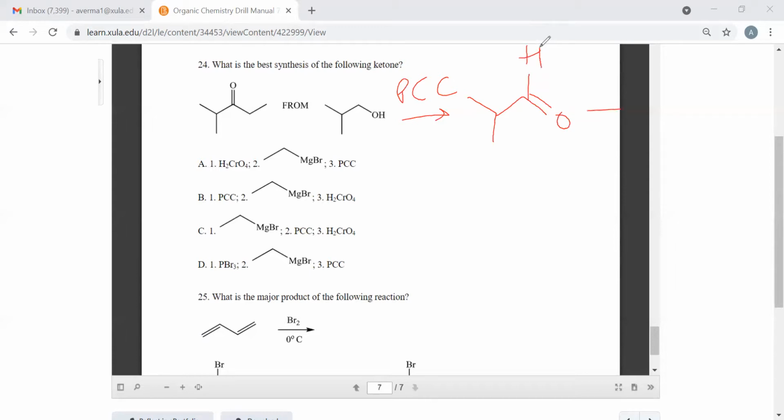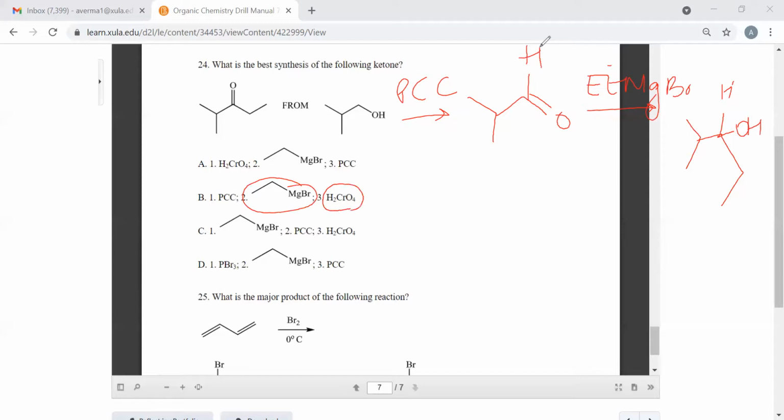The next thing that I used is a Grignard or a lithium organometallic compound. They are using the Grignard, ethyl magnesium bromide. Now my ethyl part will attack here and I will get H, OH, and my ethyl.